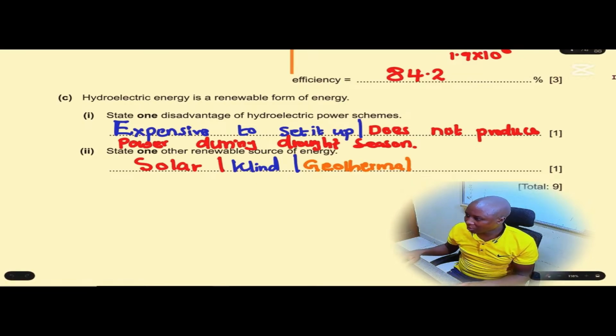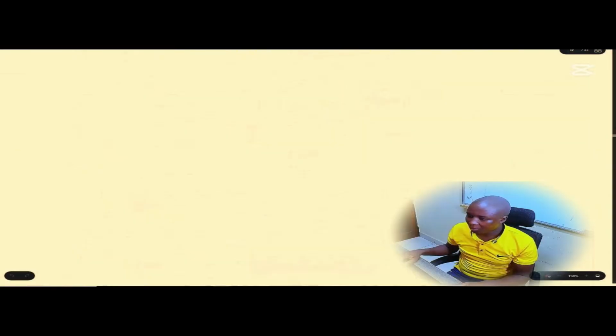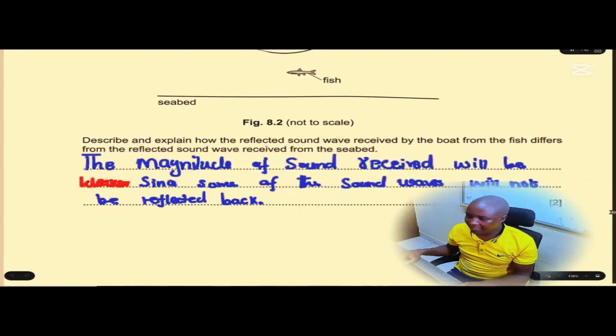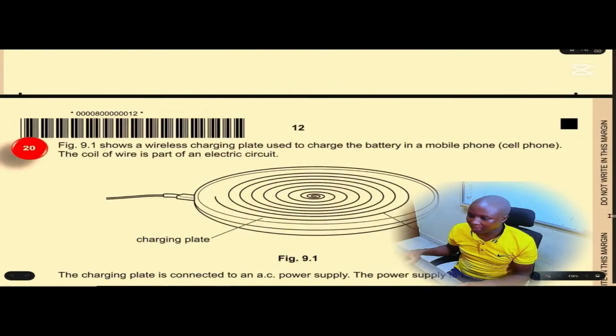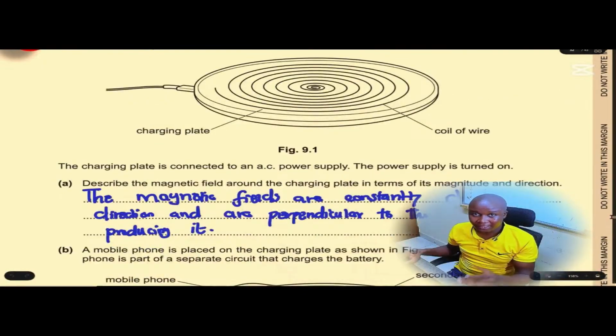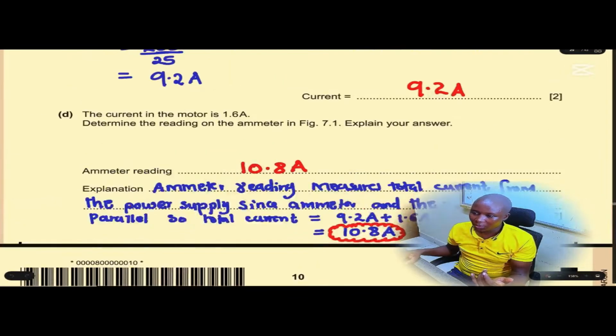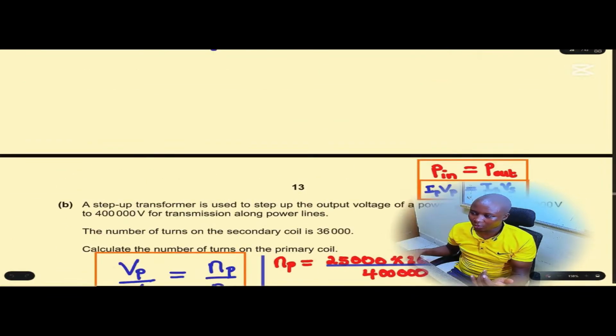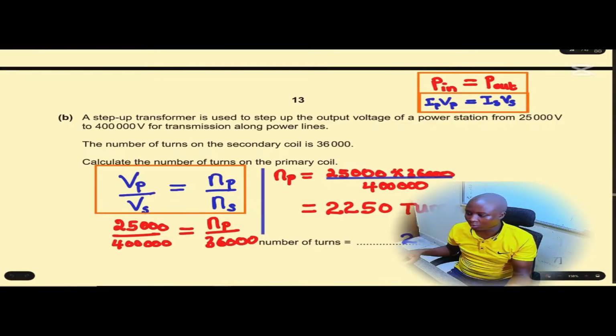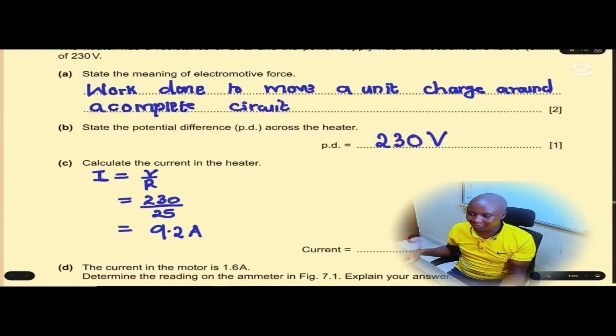So let's go straight and look at the other section that we were supposed to talk about. Here I need to mention that we had talked about electromagnetic induction, electricity questions, and how to solve a question to do with transformers, how a transformer works.